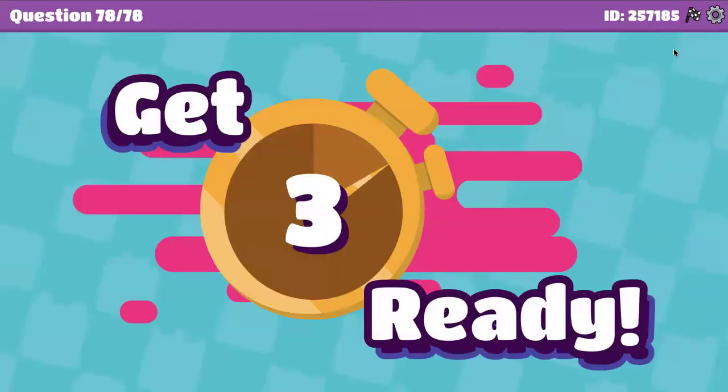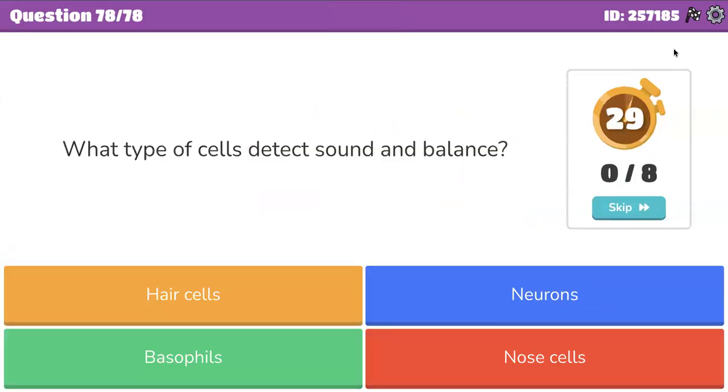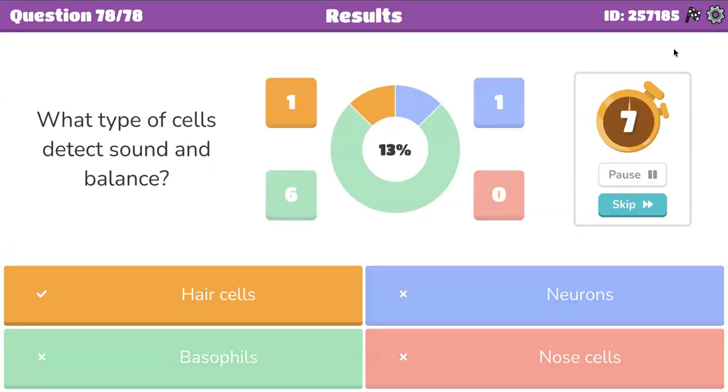Rotation. What type of cells detect sound and balance? Are they hair cells, neurons, nerve cells, or basophils? Hair cells.